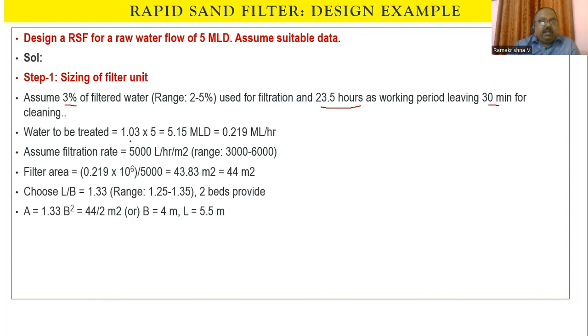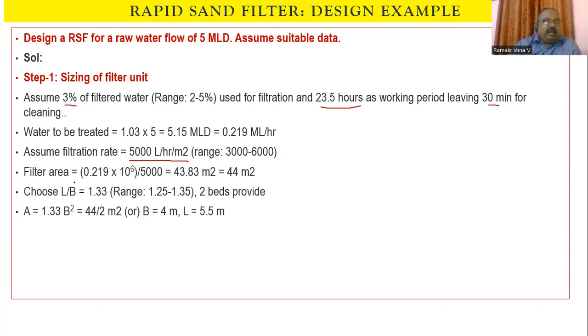The water to be treated, with this 3% added to the 5 MLD, becomes 5.15 MLD, which is equal to 0.219 ML per hour, that is 0.219 million liters per hour. The filtration rate, if you assume in the range of 3000 to 6000, as 5000 liters per hour per meter square.